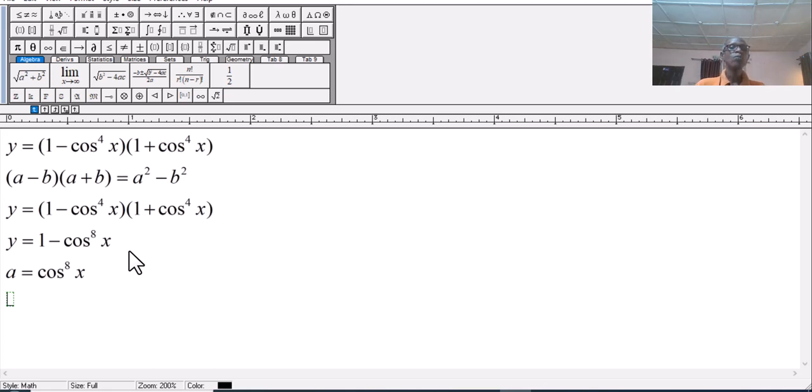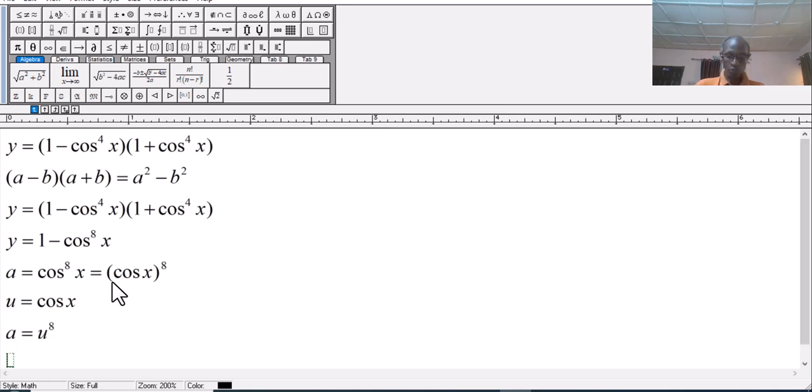So let u be equal to cos x. If we do that, we now have a equals u raised to the power of 8.